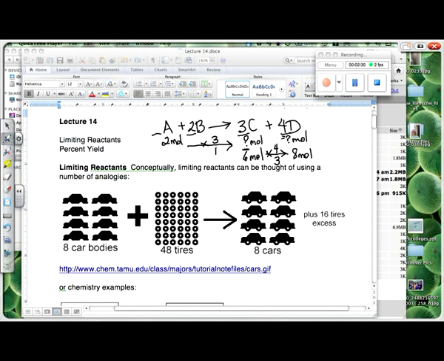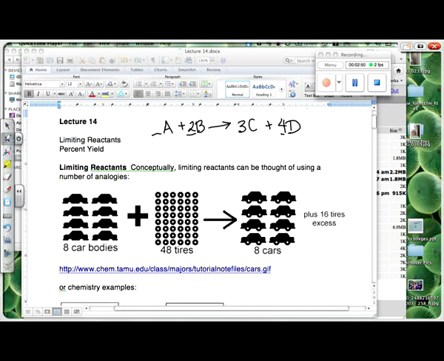Now the only difference in the type of problem that you might see is if you are not given amounts in moles and you are asked for an amount that's not in moles at the end. I explained in the last lecture that I always think about these problems in terms of the setup as a box.